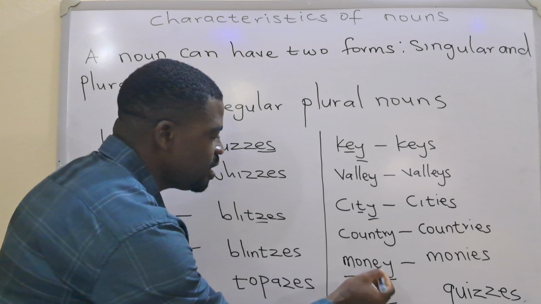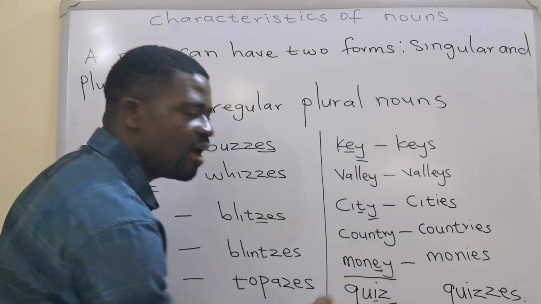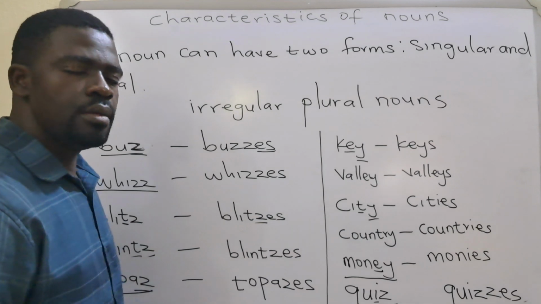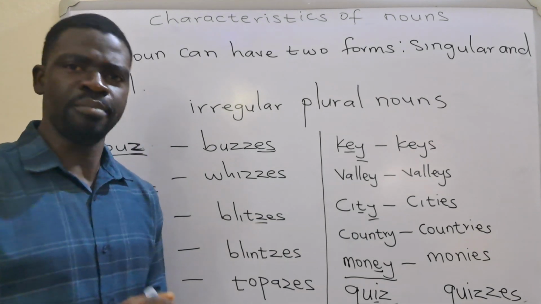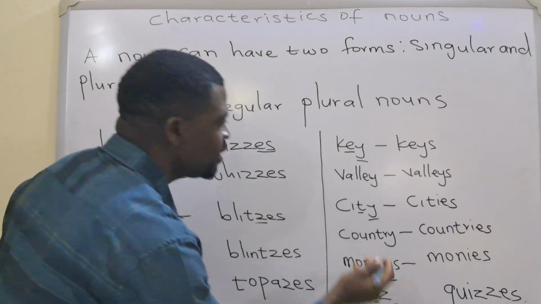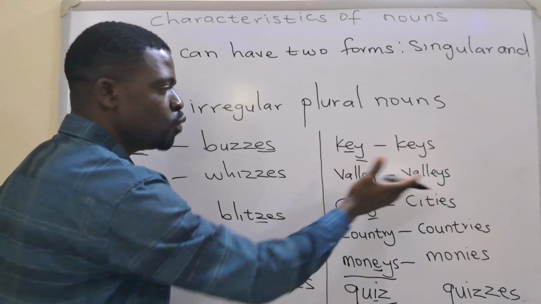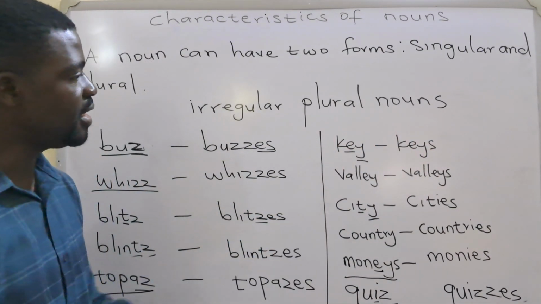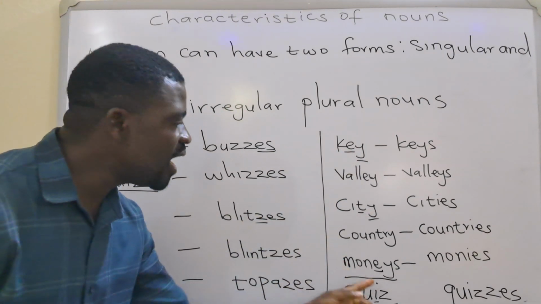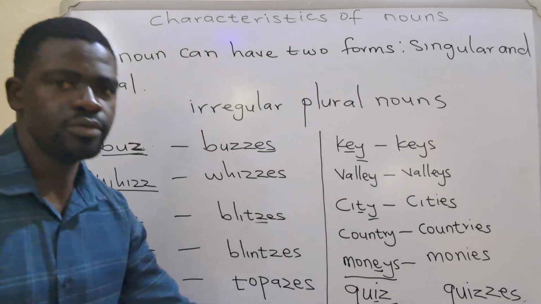Money has E and Y. E is a vowel letter and the last letter here is Y. But if I want to make plural of money, am I supposed to just add S here? Because that is the rule for these ones. If I have to add S to keys to form plural, why shouldn't I add S to monies to form plural?